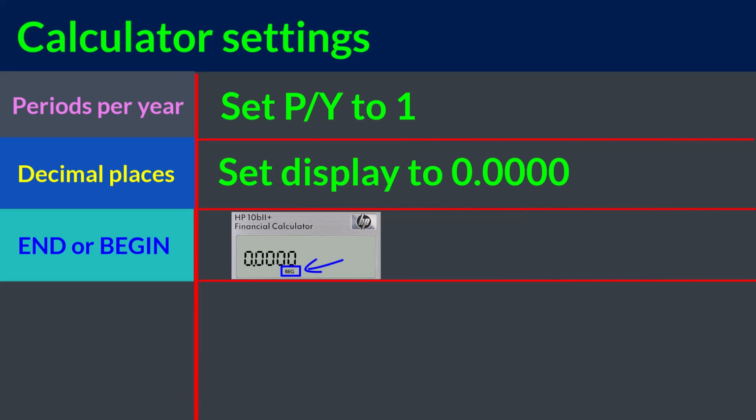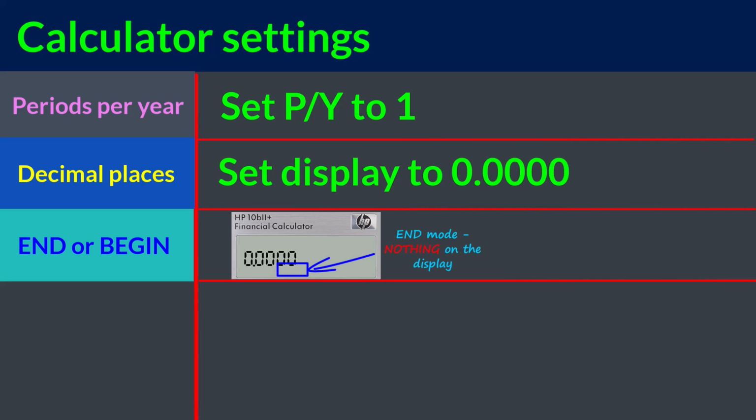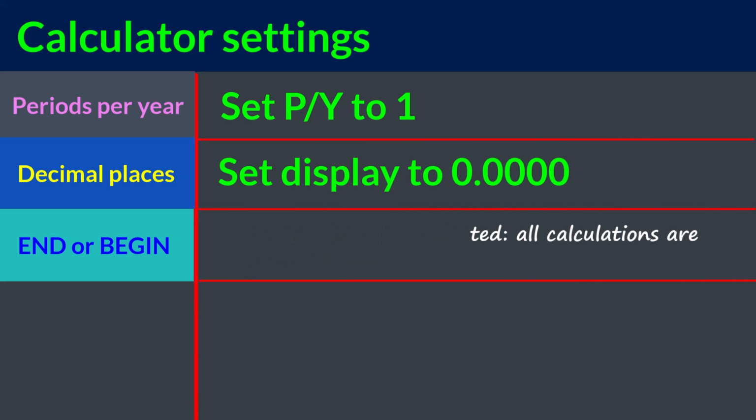Perhaps even worse, none of the 3 calculators demonstrated here show anything in the display when you are in end mode, so you need to be very careful. Unless otherwise indicated, all calculations in the Crash Course series are done in end mode.